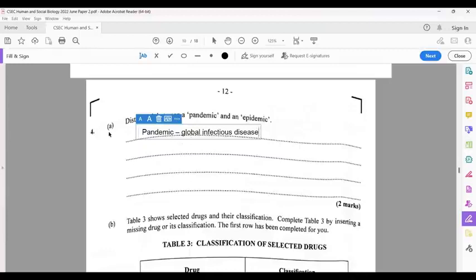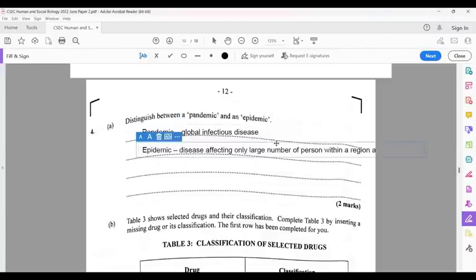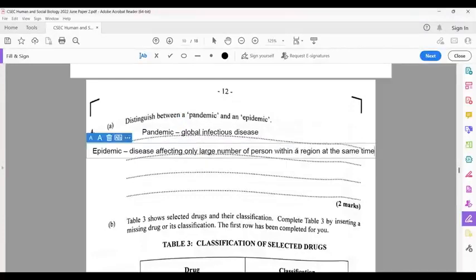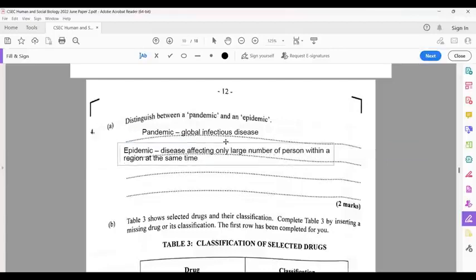And if we are talking about diseases, that means we are in disease and their impacts on humans, which is section D in the human and social biology syllabus. An epidemic affects a region and a large number of people in that region.